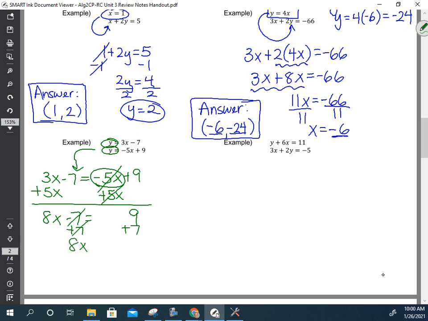So 8x equals 16. So we got half of our answer taken care of. We know that x is equal to 2.